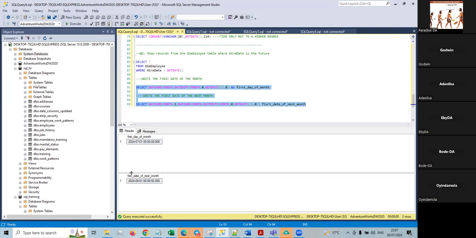But if you are able to get the first day of this month and the first day of next month, and you do what? You find a difference. Or alternatively, you can use the range property, which we discussed some time ago. So let me rephrase.